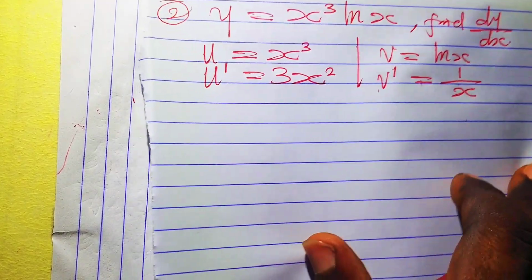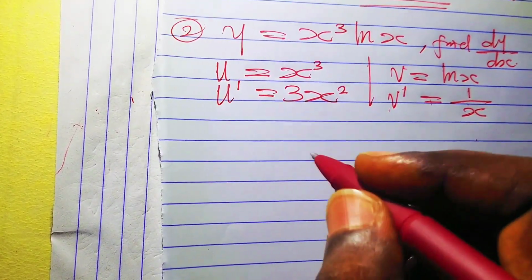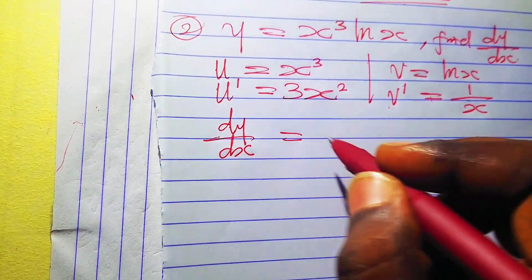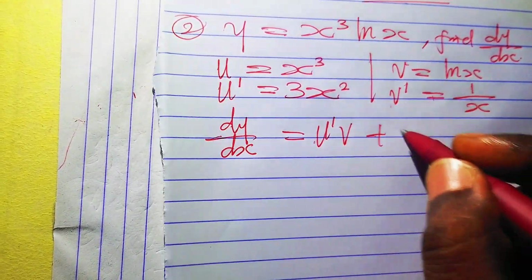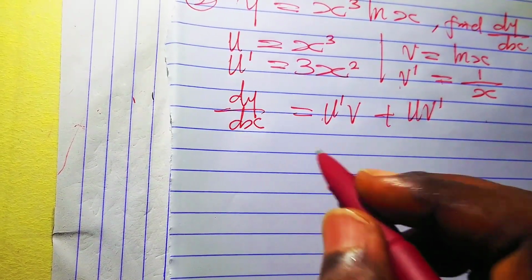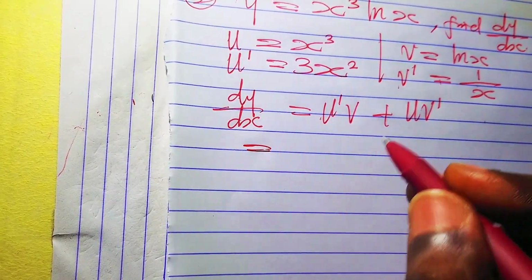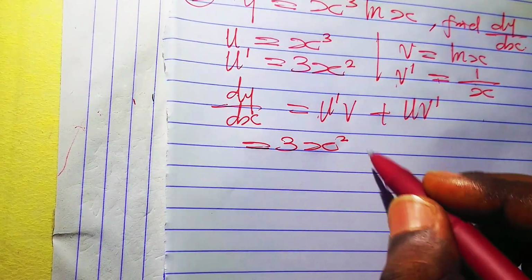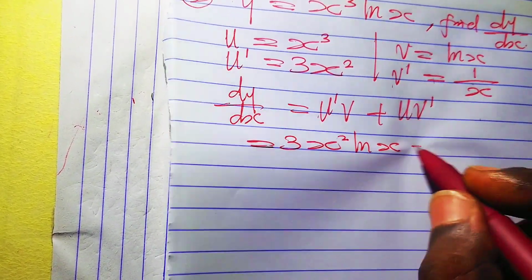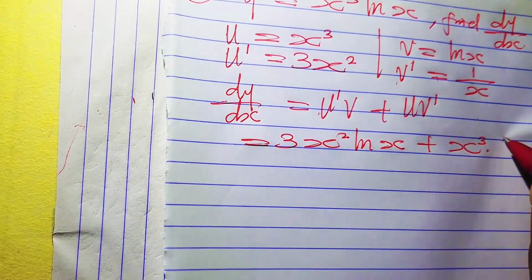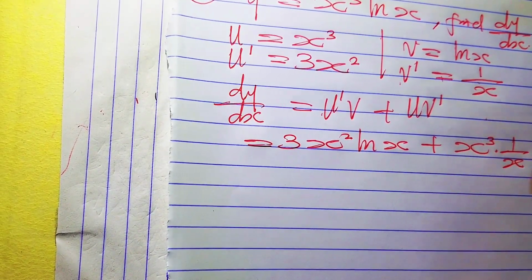And therefore, going by way of product rule, don't forget, dy/dx, product rule is u prime v plus uv prime. So let's substitute our answers into that expression, and therefore what we have is 3x squared ln x plus x cubed multiplied by 1 over x.